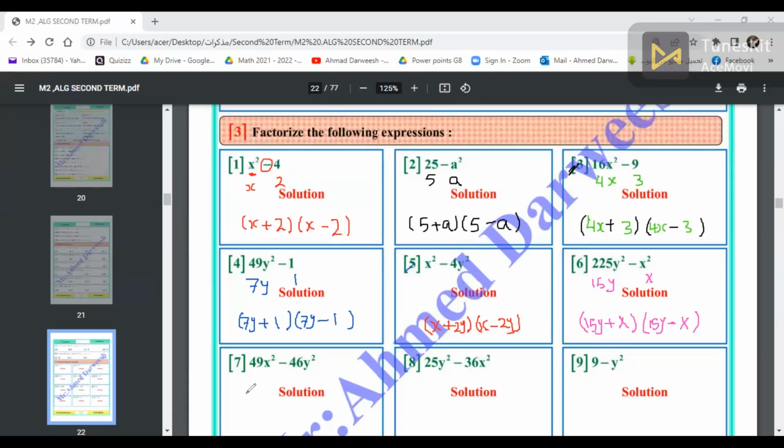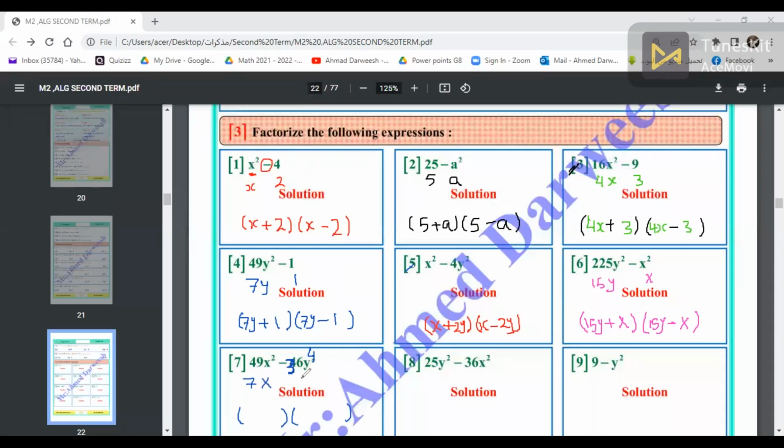Now let's do the same here. What if that was x to the power 4? How can you solve it? Okay, it's 49x squared, so it's 7x.